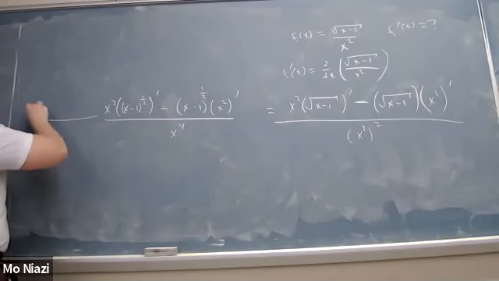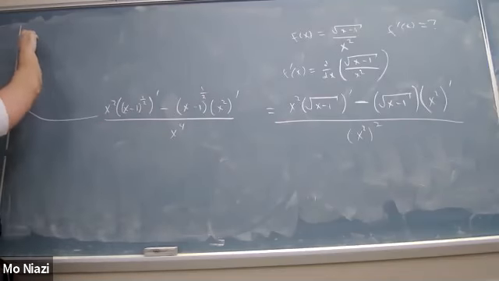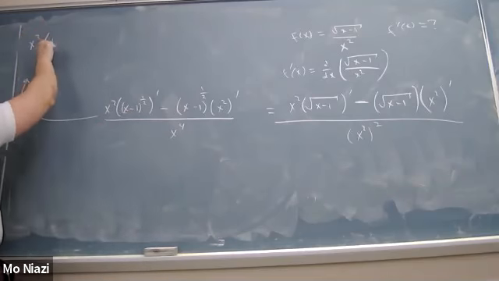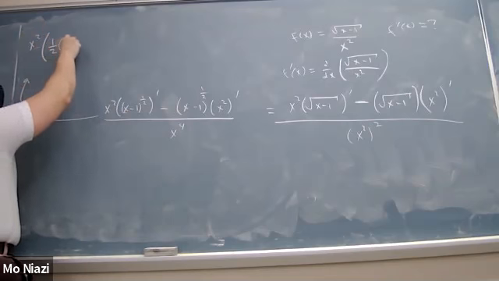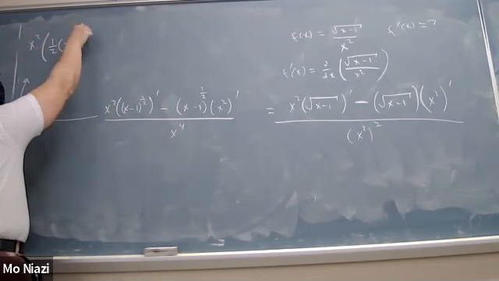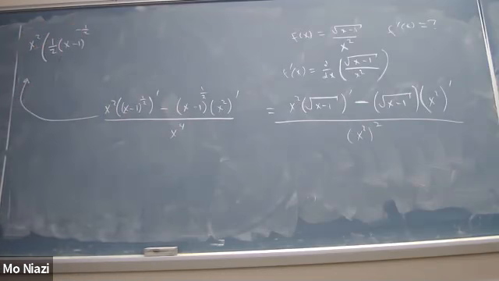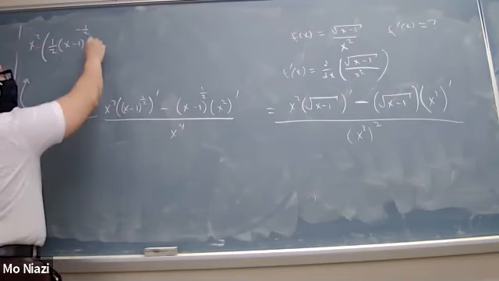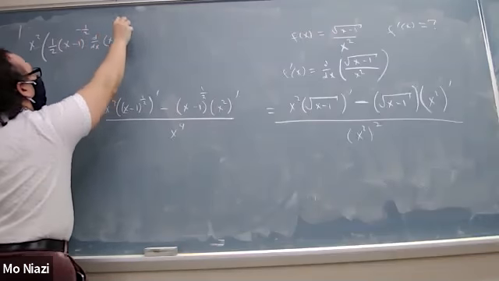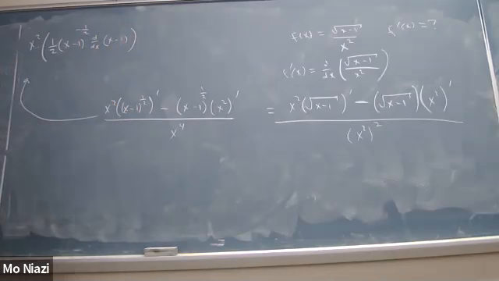Now let's take the derivative. This becomes x squared times the derivative of this thing, which is 1/2 out in front times the thing raised to the 1/2 minus 1, which becomes a minus 1/2. And then you have to do d/dx of the inside, which just ends up becoming a 1 because the derivative of that minus 1 is a 0.